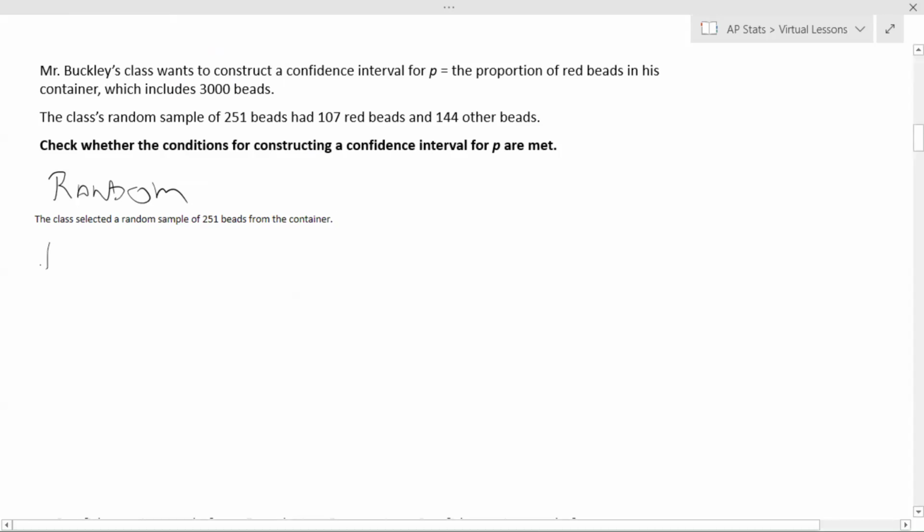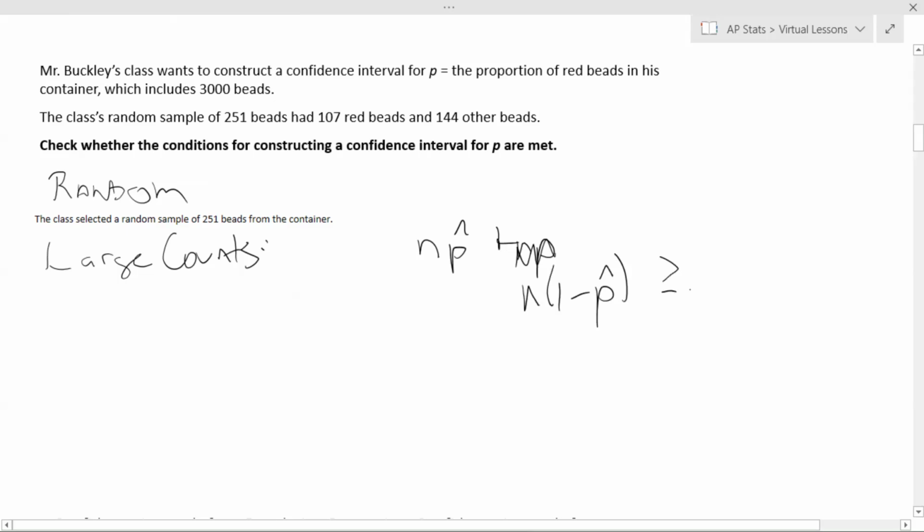The next condition is the large counts. Okay, and you have to make sure that n times p hat and n times 1 minus p hat are both greater than or equal to 10. Okay, but again, what I see students do is they'll write this general formula down and put a check mark.